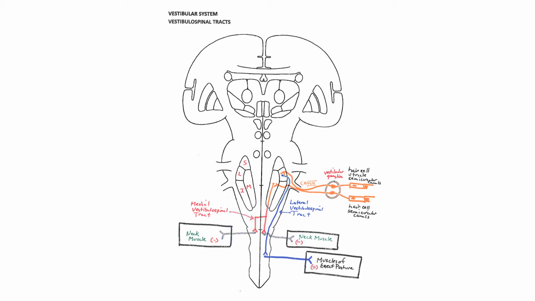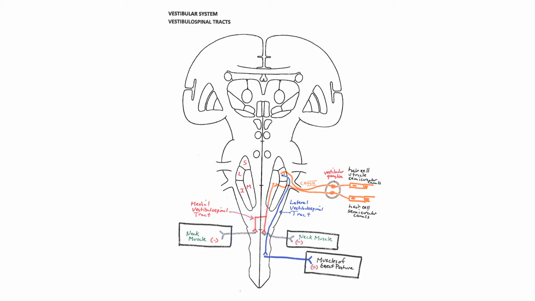Then we can also have hair cells with the cell bodies in the vestibular ganglion going into the medial vestibular nucleus. Coming out, we will have the medial vestibulospinal tract. These fibers will stay on the same side, but also some of the fibers will cross over the midline and go to the opposite side.